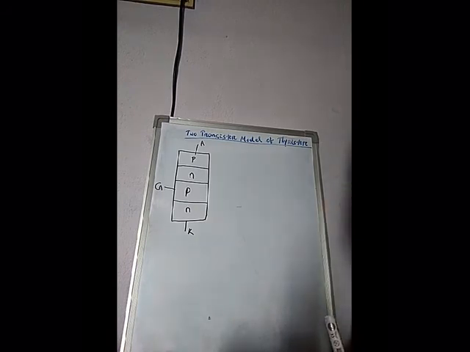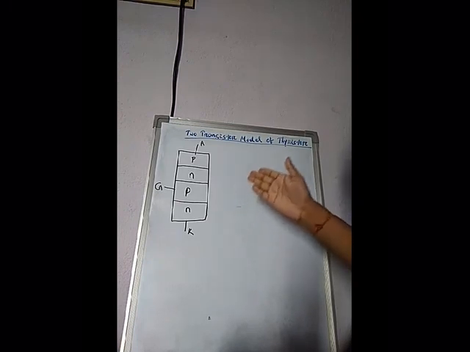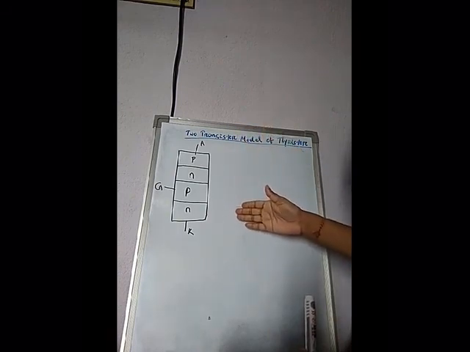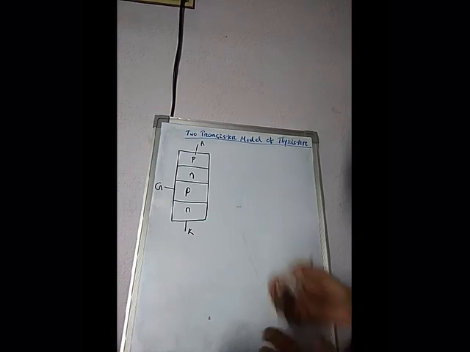So before going to the explanation part, we need to know how the thyristor layer diagram is converted into the two transistor model. Okay, so to obtain the two transistor model, first we need to bisect the two middle layers.